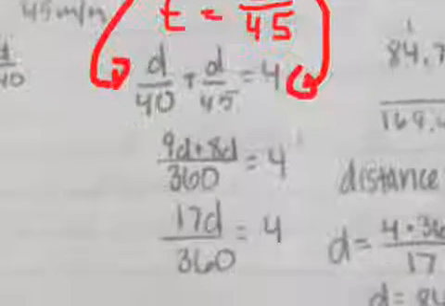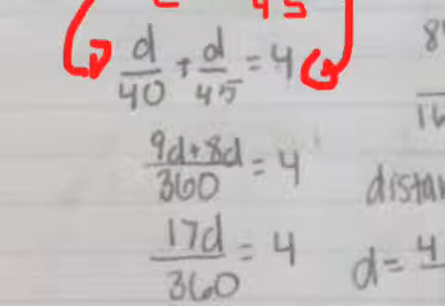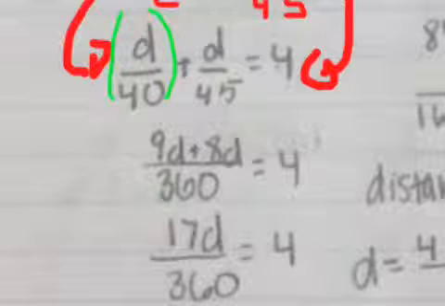So now we've got a formula. But look, we need a common denominator. A common multiple of 40 and 45 is 360. So this student multiplied the d over 40 by 9, because 9 times 40 gives 360, and 9 times d is 9d.